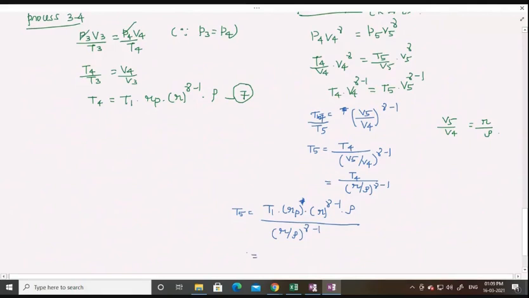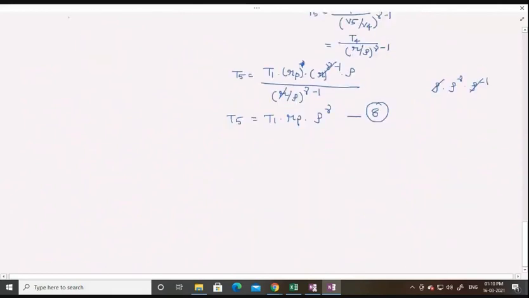So any of the terms get cancelled here: R power gamma minus 1 gets cancelled, and the rest will be T1 into Rp into rho power gamma. From the denominator it moves up, rho power gamma into rho power minus 1, so rho power minus 1 gets cancelled, remaining rho power gamma alone. So this is T5, this is equation number 8.